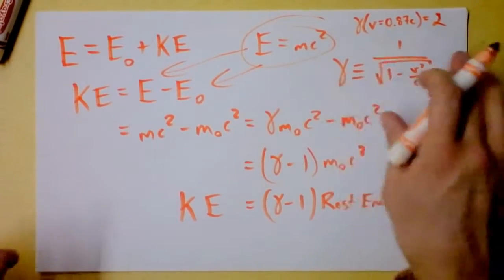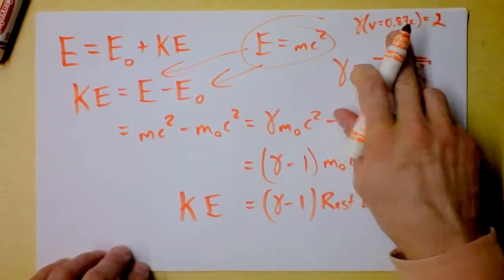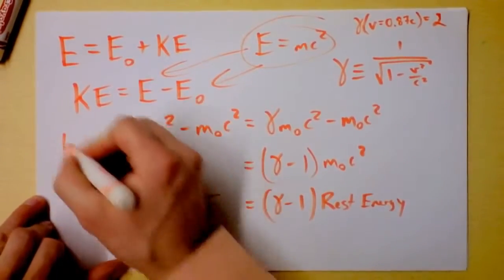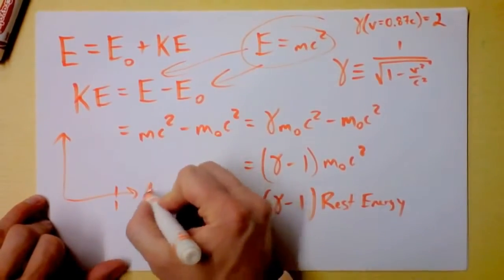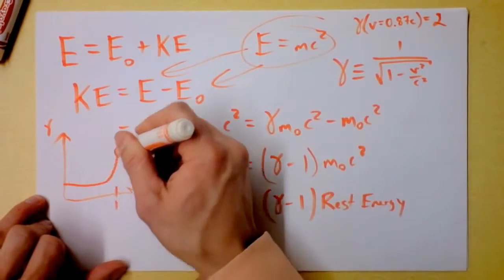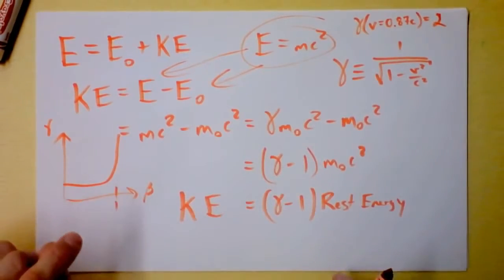Okay, and I also like to say that a gamma of 14% the speed of light is 1.01. So you get a feel for gamma. It gets really, really awesome when velocity gets really, really close to the speed of light. Gamma's like 1, 1, 1, 1, 1, and then suddenly, woo! Okay, that might be exaggerated.